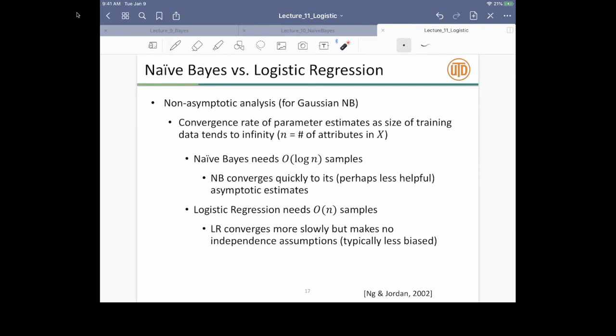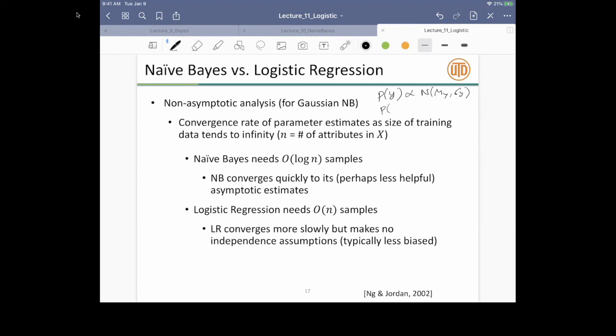Gaussian naive Bayes is slightly different. We didn't really cover this in class as much. What we covered in class was the discrete naive Bayes. Gaussian naive Bayes is a case where you model P of y as a Gaussian, with mean mu y and variance sigma y.